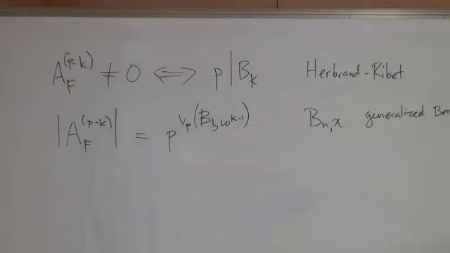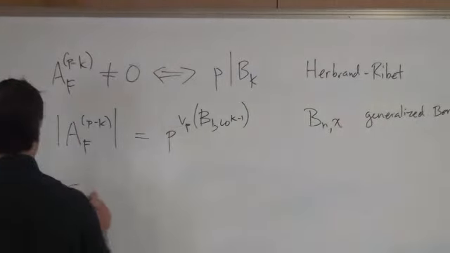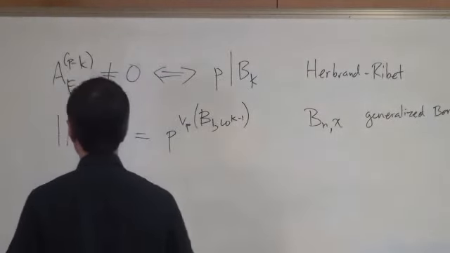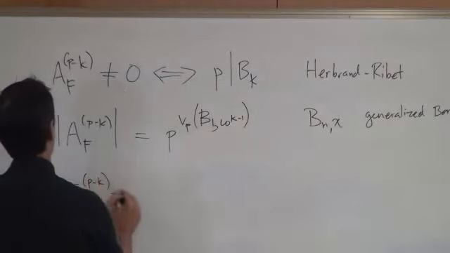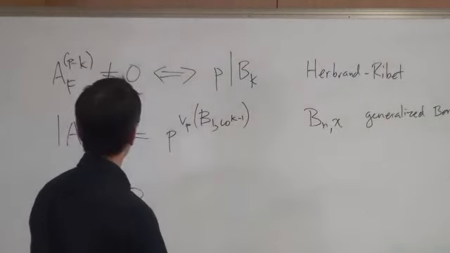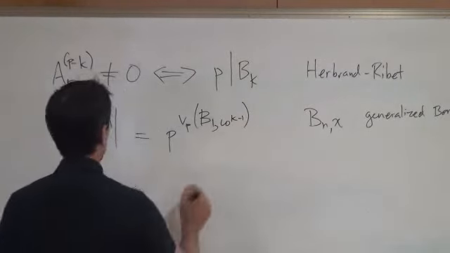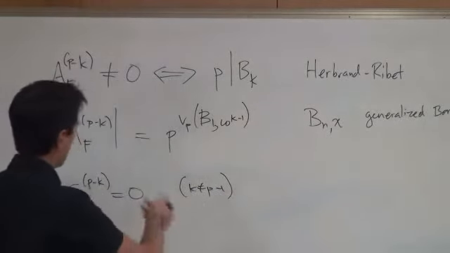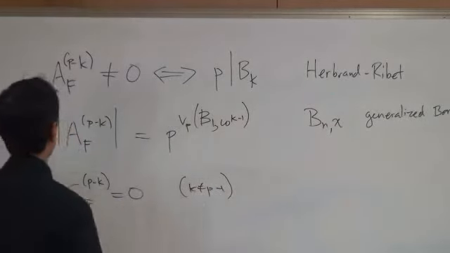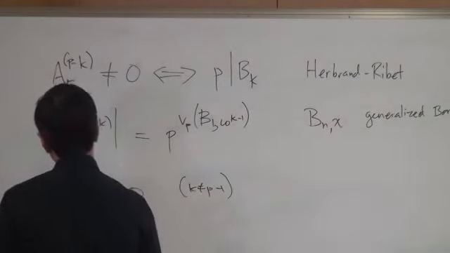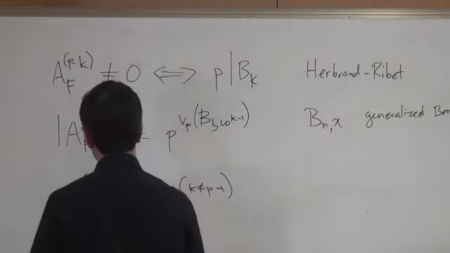Now as for the eigenspaces of E_F, the odd eigenspaces are 0, except for k equals p minus 1, where you would get the first eigenspace is mu_p. And then the even eigenspaces are isomorphic to Z_p.